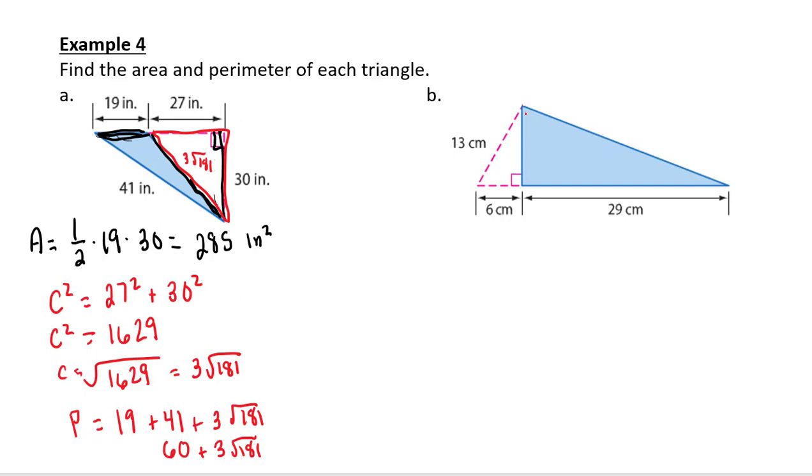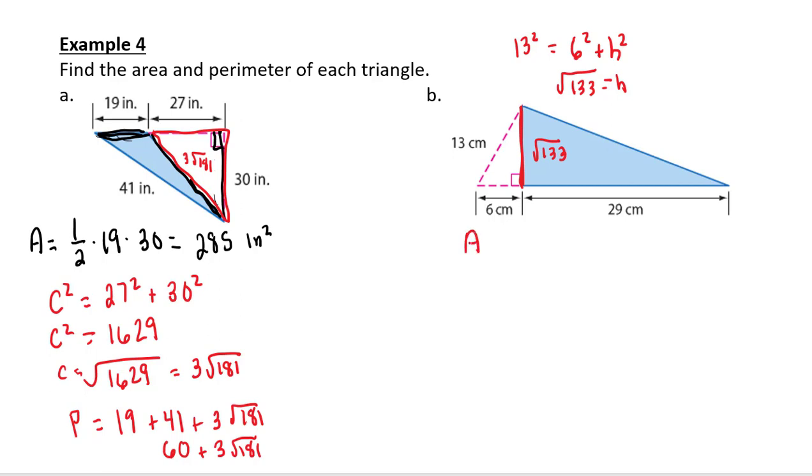We don't know what this height is to find our area. So we use our Pythagorean theorem. 13 squared equals 6 squared plus h, since that's my height. When I solve for h, I get 133. So this is square root of 133.